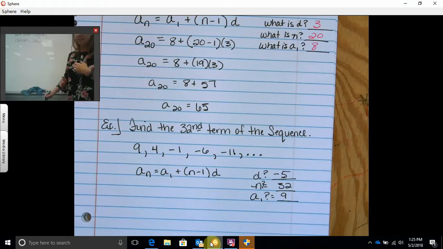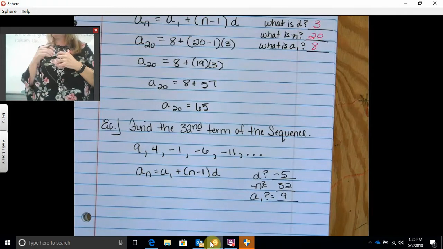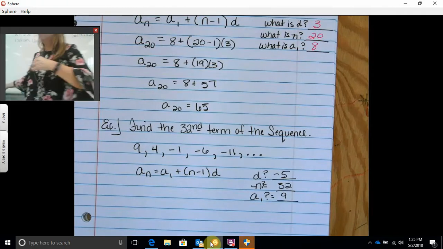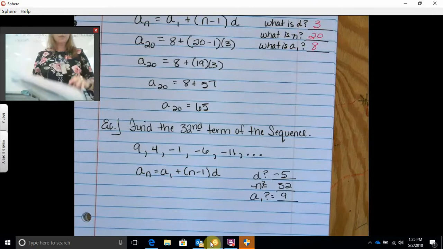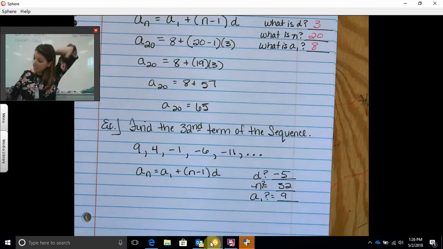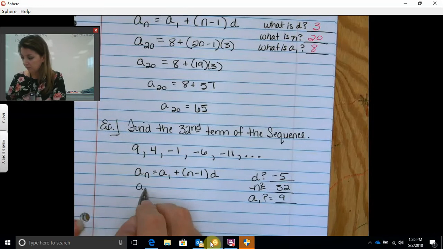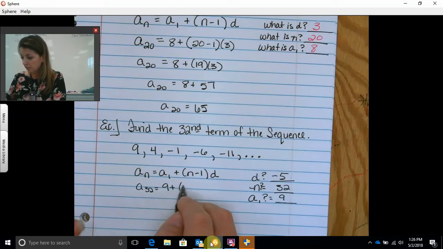Got negative 46 and negative 146. You got negative 146? Okay, let me see. All right, so we have a sub 32 equals my first term plus 32 minus 1 times negative 5.